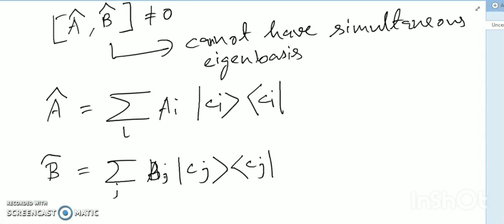If two operators don't commute, then there exist eigenstates of one observable that are always in superposition of the other's eigenstates.